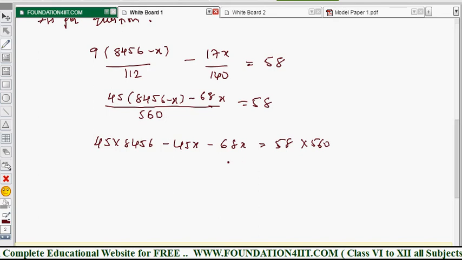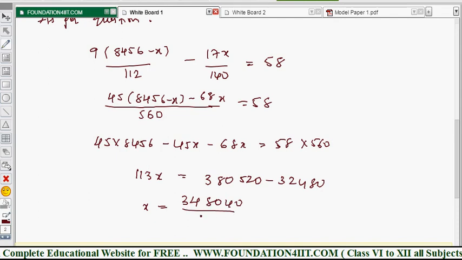Take this to the other side and simplify: 113x equals 380,040 minus 32,480, just by multiplying these. Subtracting these two numbers gives 348,040 and 113x equals that, so x is 3080. Just use a calculator to do the calculations properly.